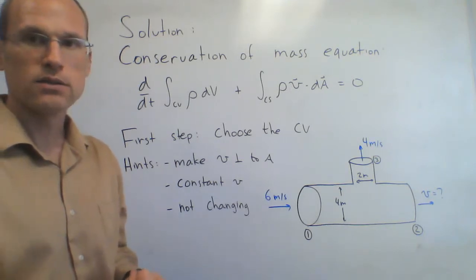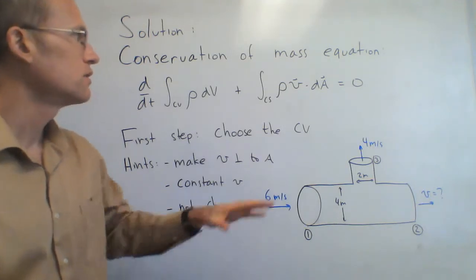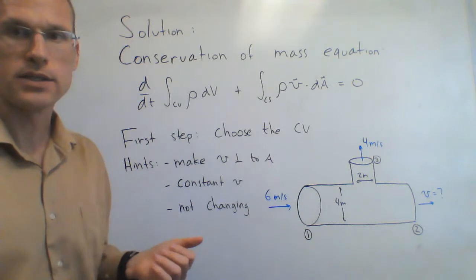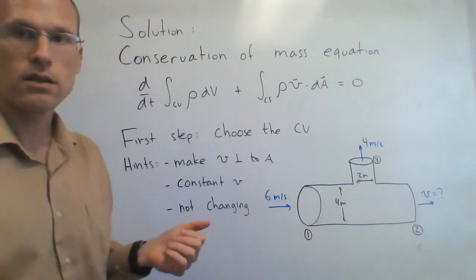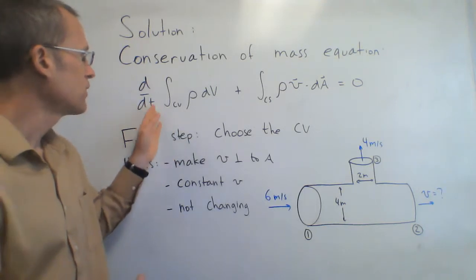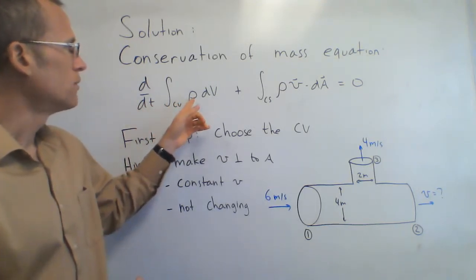The other thing is, hopefully you have a constant velocity. With constant velocity, this integral just becomes v times area, so that makes your life easy as well. And then the last thing: if you look at the first term, I have a time derivative of the integral over the control volume of rho dV.